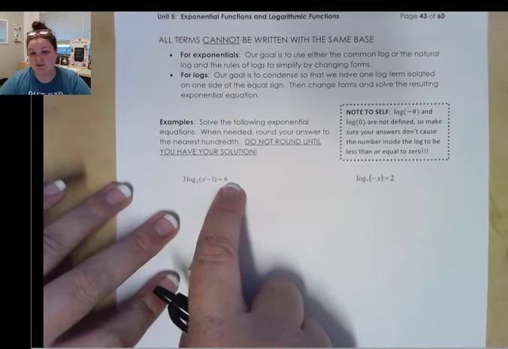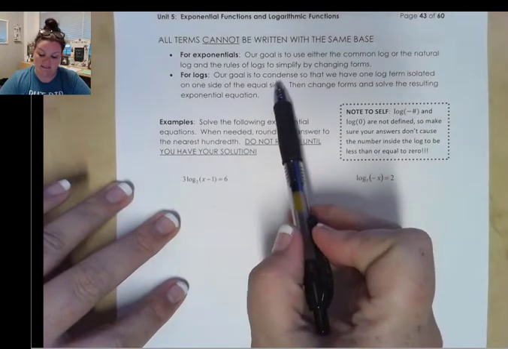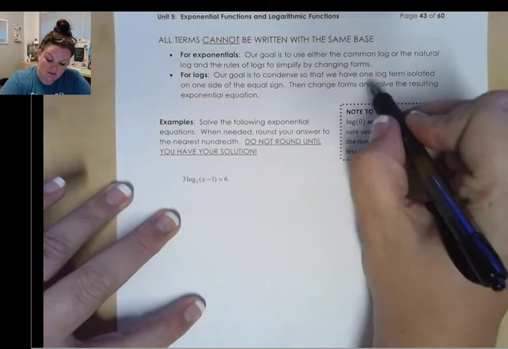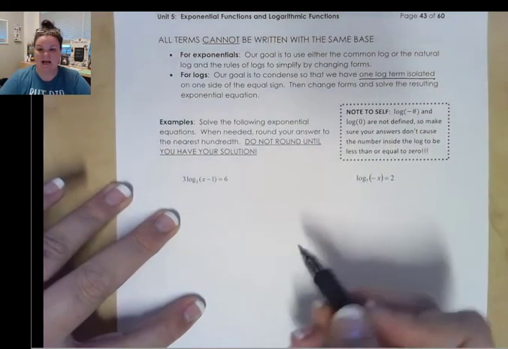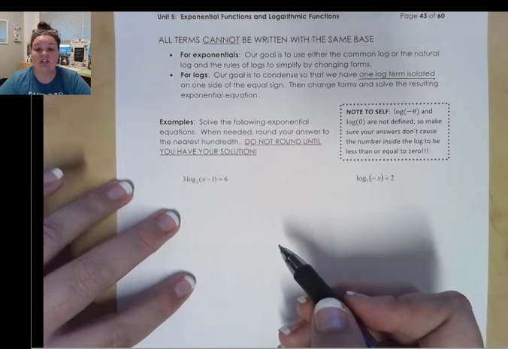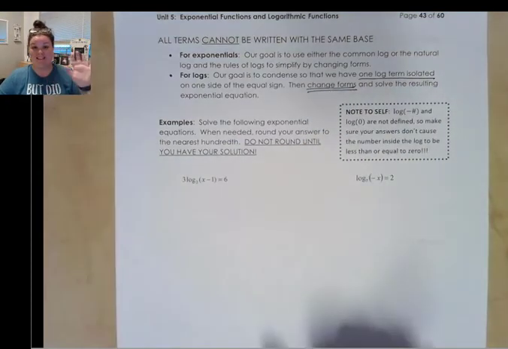So we have a different strategy. We want to condense so that we have one log term isolated on one side all by itself, and then we're going to change forms to solve. So: isolate the log and then change forms.